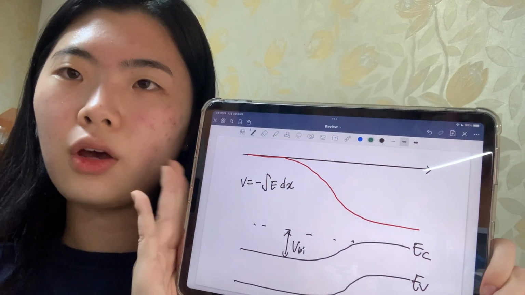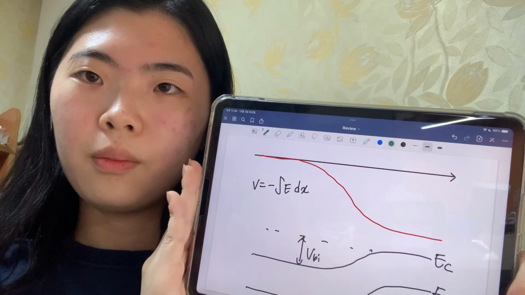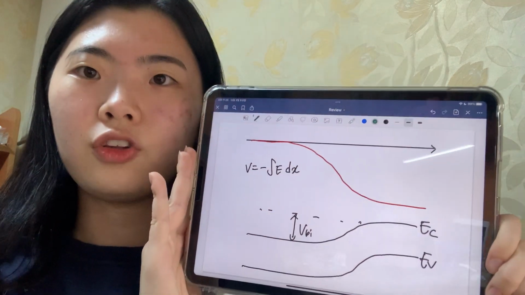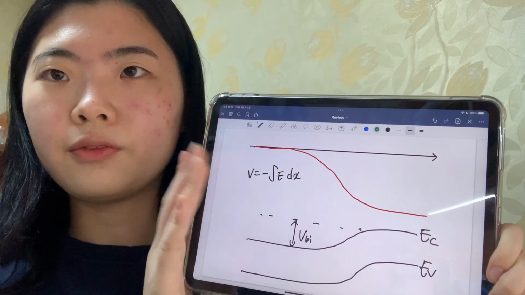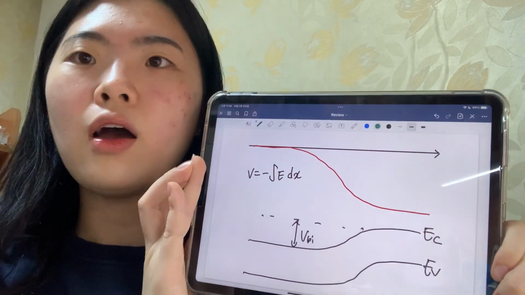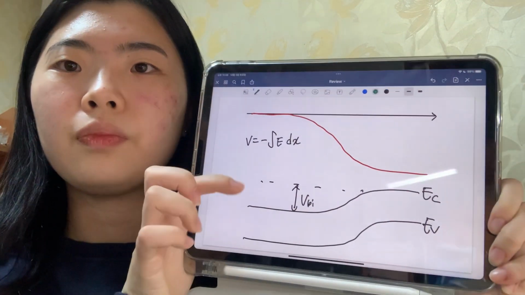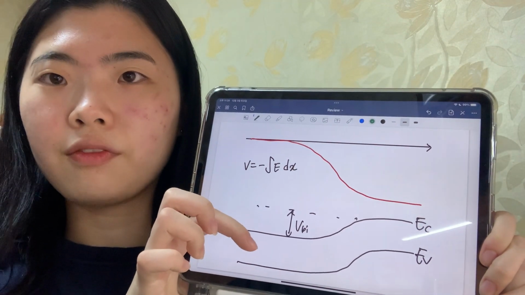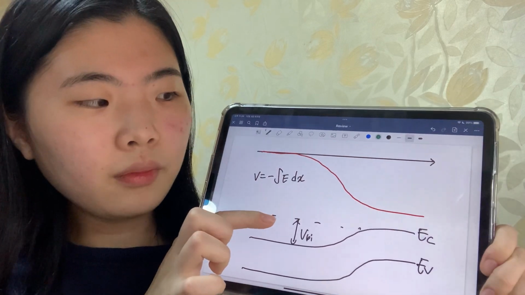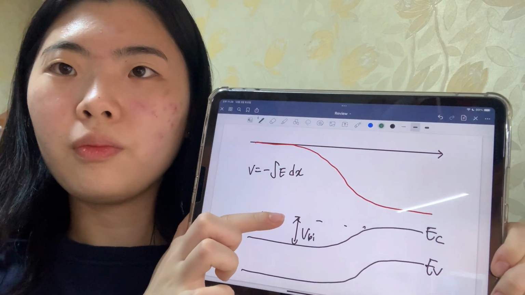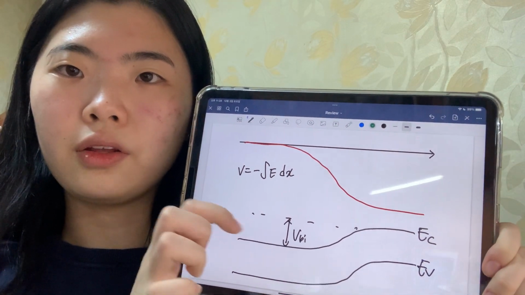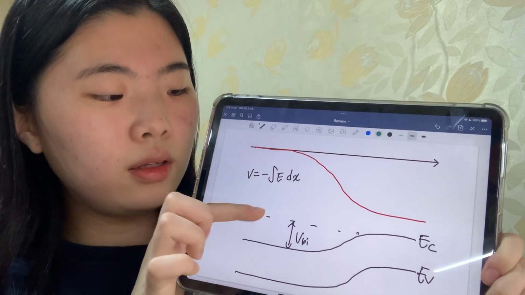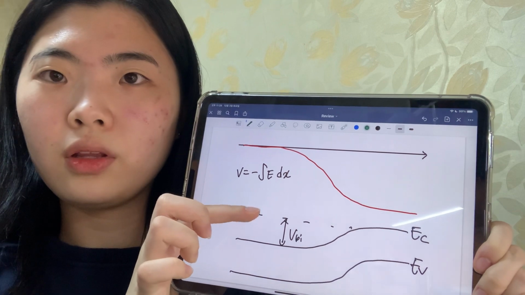Because of the difference in doping concentration, the left side and right side have different Fermi levels, and the conduction band energy on the right side minus the left side is the gap between the two.